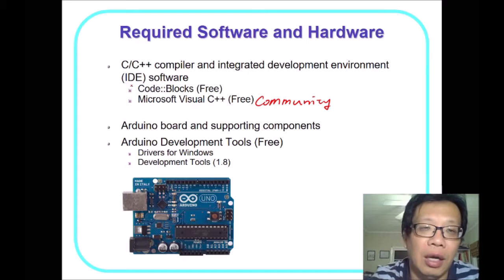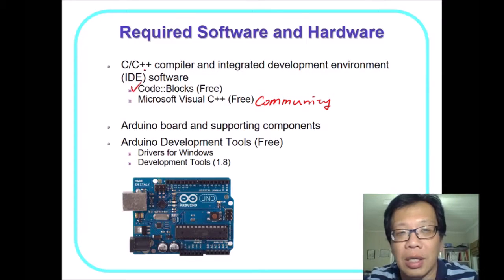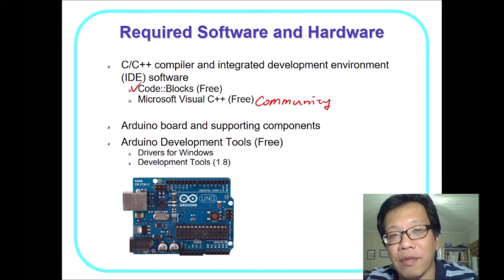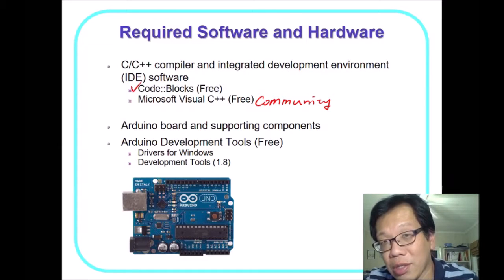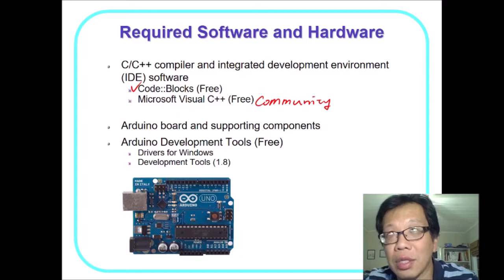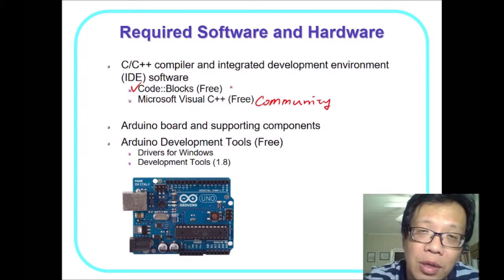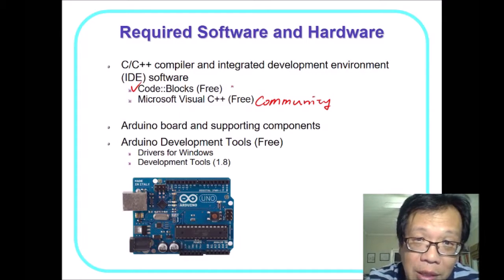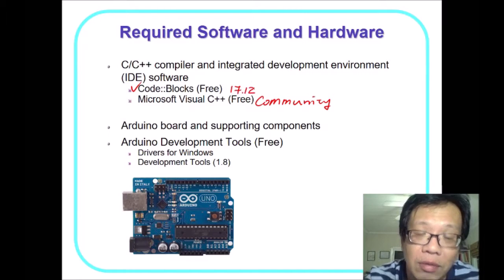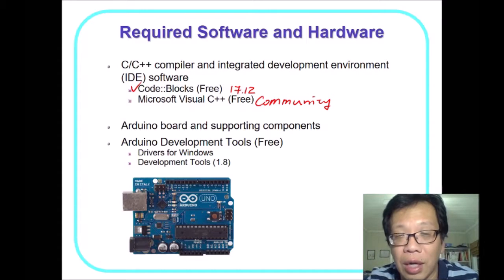The reason I would like to use CodeBlocks is that the size of this freeware is smaller than the Microsoft Visual C++ package. It only requires you to download 66 megabytes for the most recent version at the moment I'm taking this video, which is 1712, meaning 2017 December.